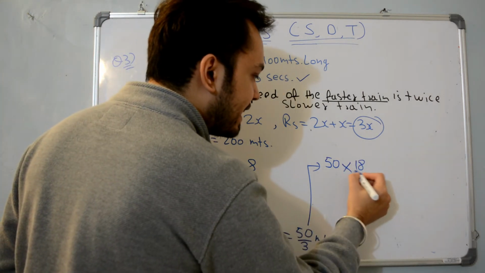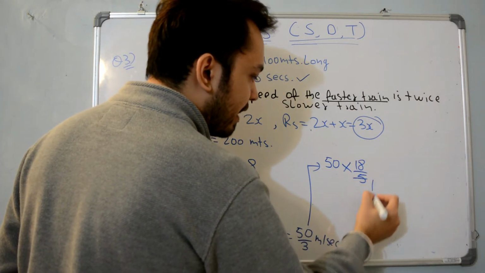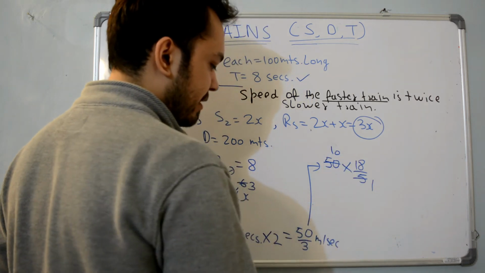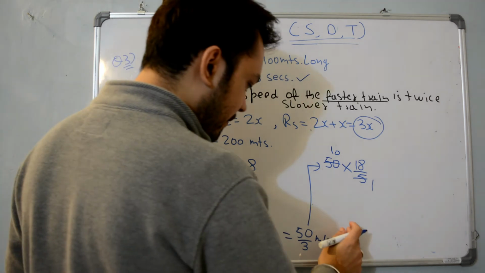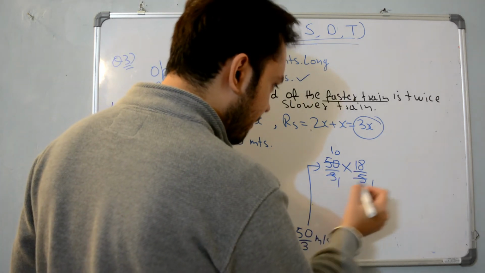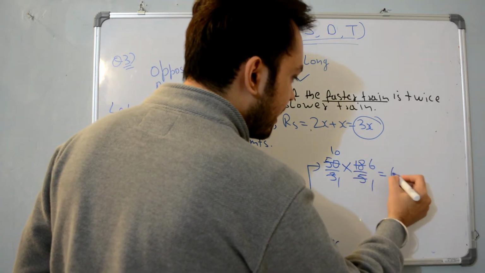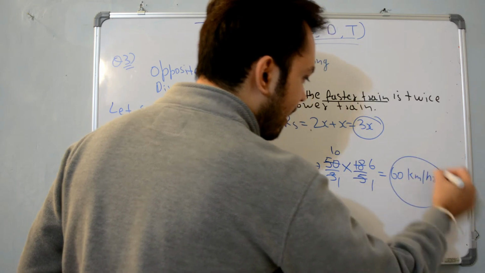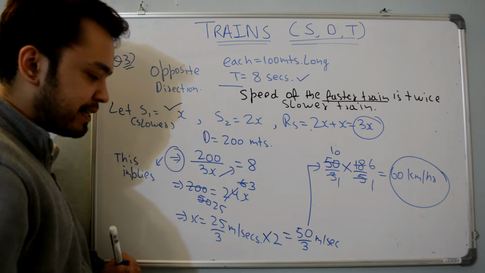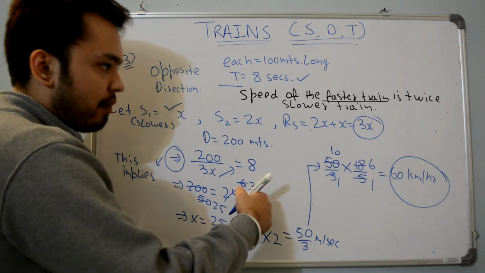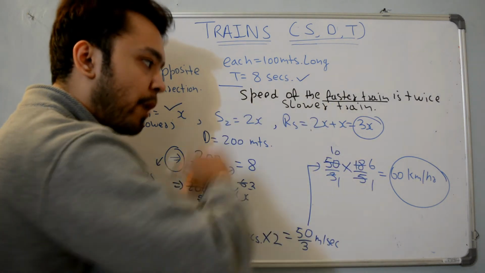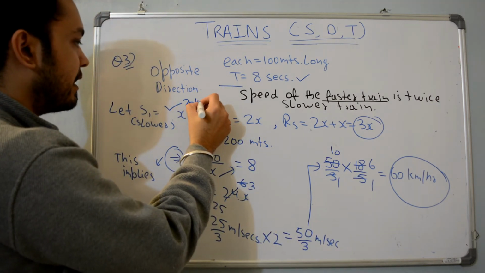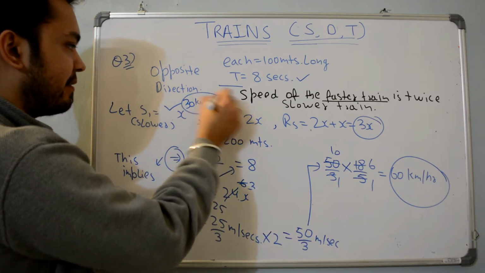Multiply it by 18 upon 5. 5 ones are 5 and 5 tens are 50, right? 50 by 3. 3 ones are 3, 3 sixes are 18, and it comes out to be 60 kilometers per hour. And the speed of the slower train will be half of this, because the faster was twice the speed of the slower train. So we can calculate this to be 30 kilometers per hour.